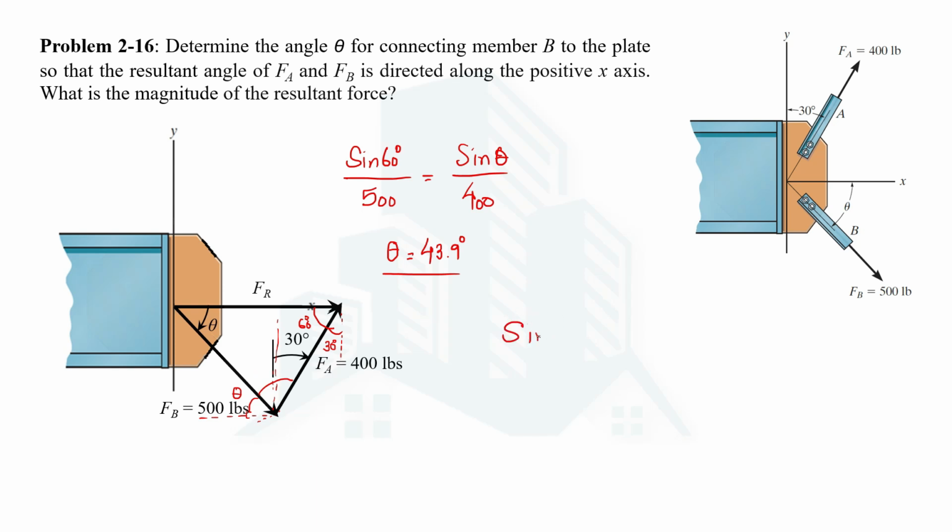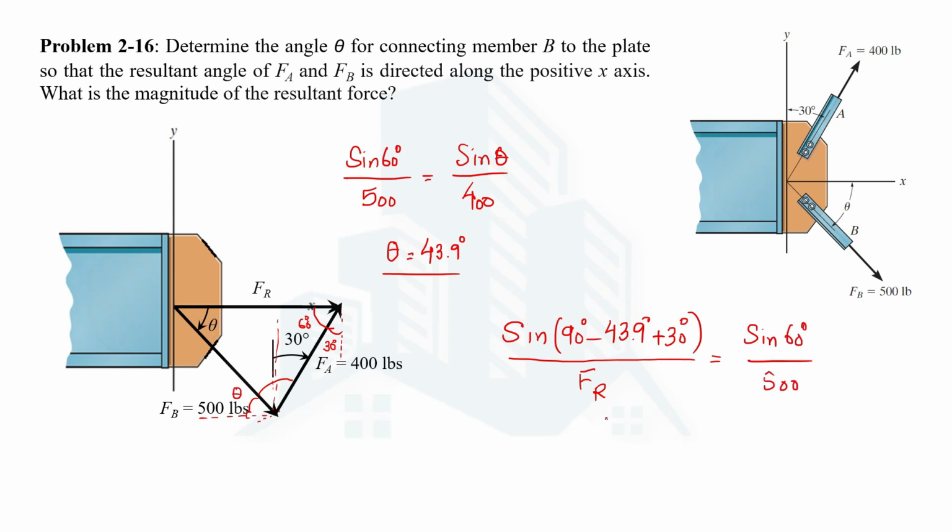So now sine of this interior angle, which would be 90 minus theta, which is 43.9, plus 30, is divided by the opposite side, which is the resultant force. Now we can use either this term or this term. Both are possible now. I'm using sine 60 over 500.